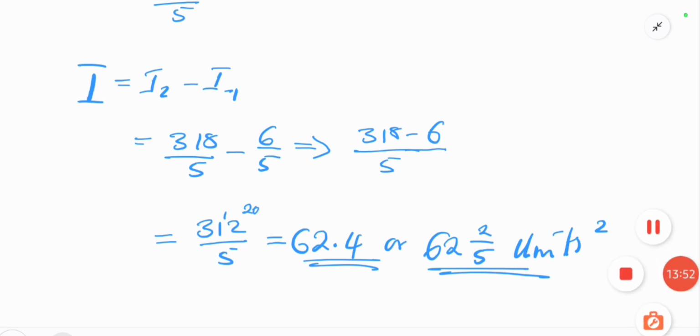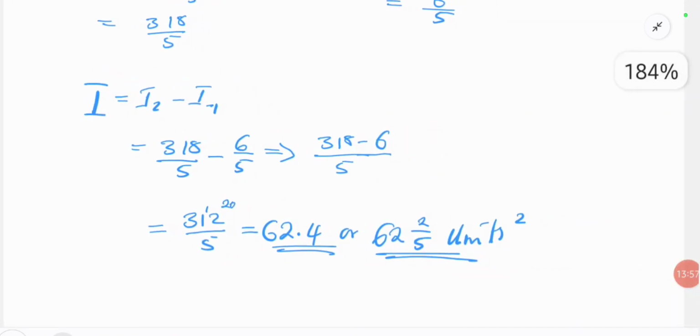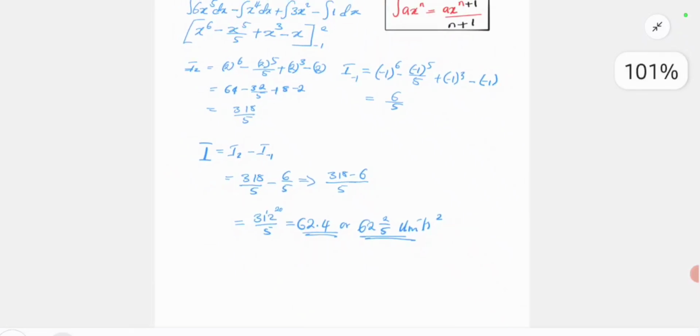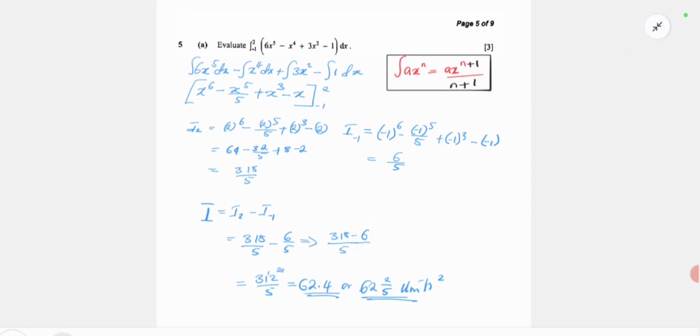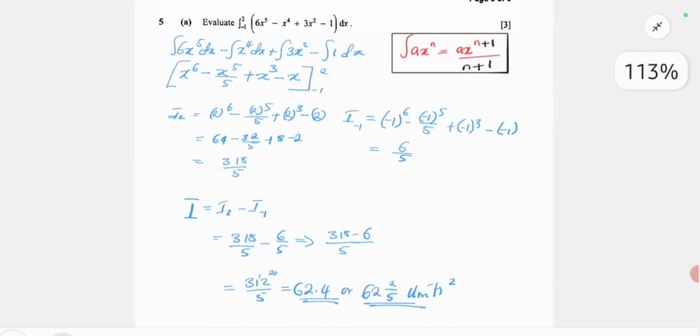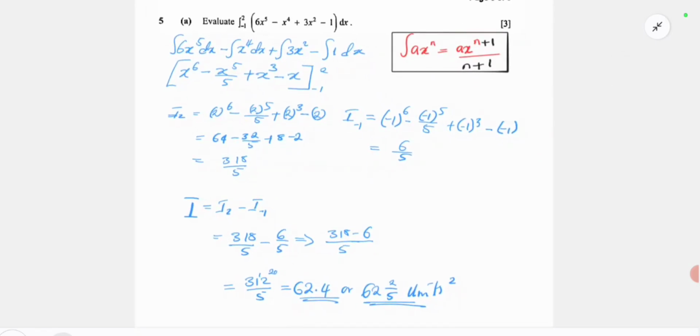So this is how you roughly are supposed to work your way through if you're going to evaluate an integral. The first thing you're going to do is use this rule to evaluate the integral you're given. Integrate each part separately, then work it out and find the integral.